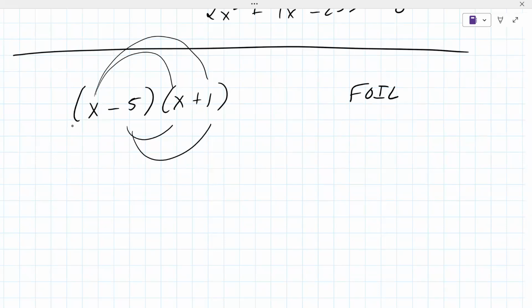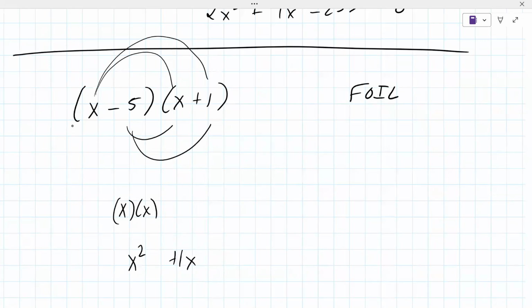So x times x, that would be x squared. Keep going. Then times 1, that would be 1x. Okay.